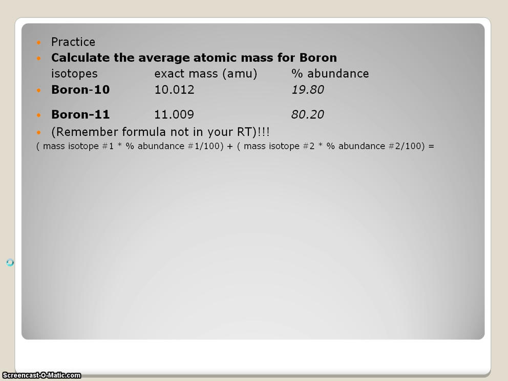All right, so you have 10.012 times 19.80 divided by 100, plus, okay, go to the second isotope, 11.009 times 80.20 divided by 100. Okay, do the math out, show your work. Now check your answer with the one on the reference table. So go to boron, it's atomic number 5, go to the reference table and check your answer. This should be the same.